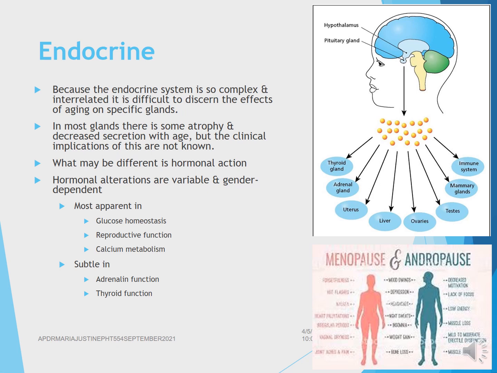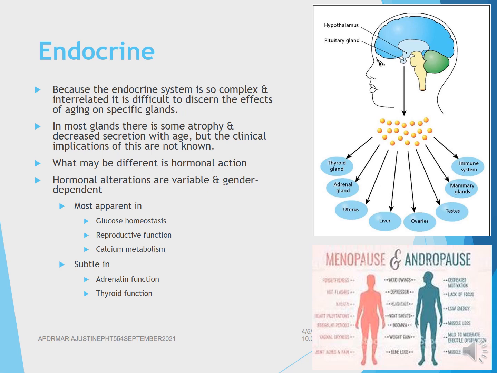So the major functions of the endocrine system, of course, is that it produces hormones that regulate major functions in our body. But you know that hormones are gender dependent, so some hormones can only be found in women, not found in men, or the other way around.